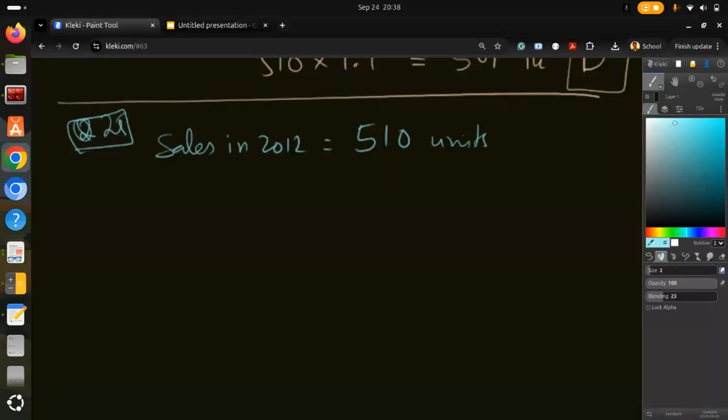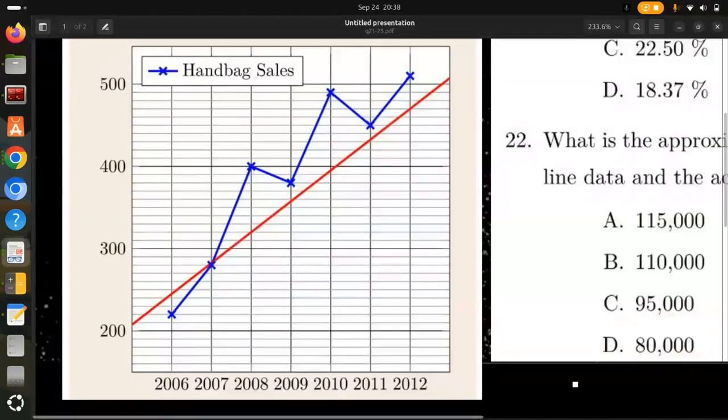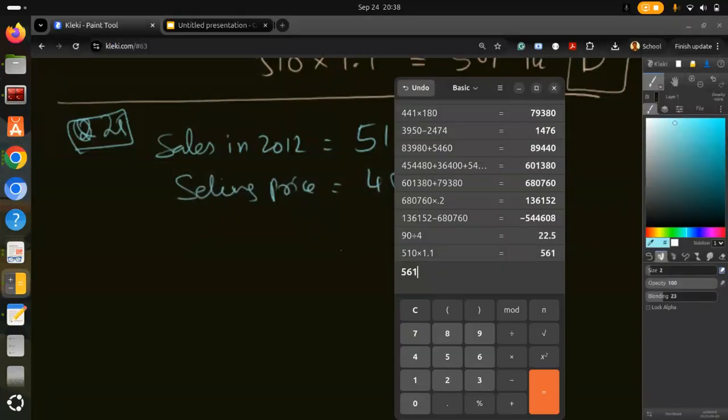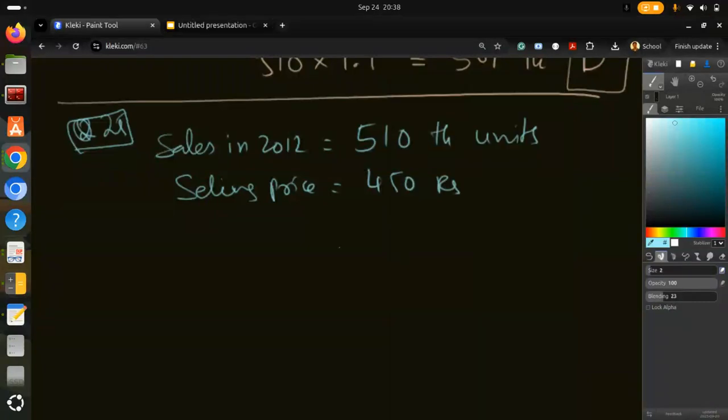This is actually in thousands of units. And what is the cost or selling price? 450 rupees. Now if I multiply these two, 510 into 450, that comes to 229500, and then the 1000 is also there.